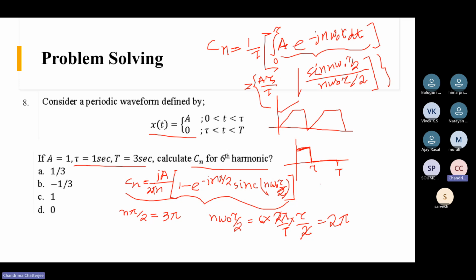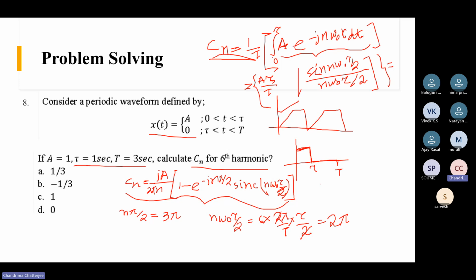If there is time, you can simply find out the result of the integration, because it is not always possible to remember the expressions for all the waveforms. So this is the basic formula for any kind of expression.